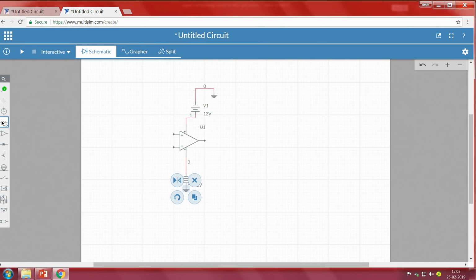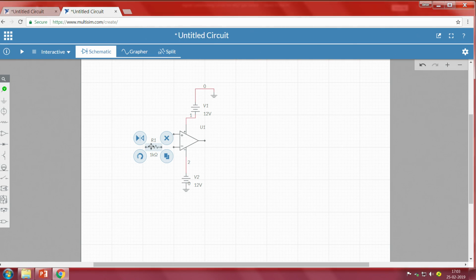So we have seen that we have given the feedback resistors, like we had designed the ratio of the resistors. Let's connect them accordingly.